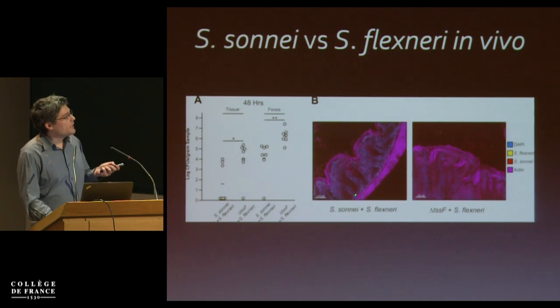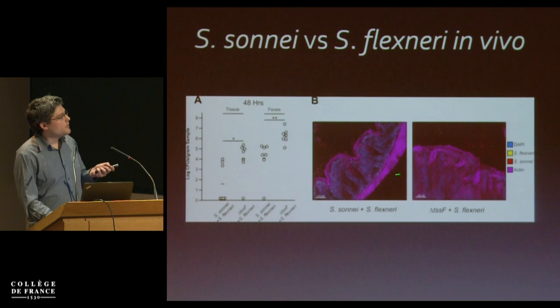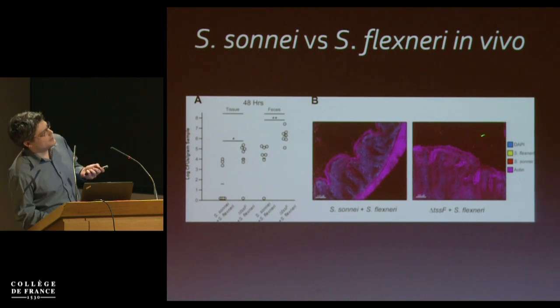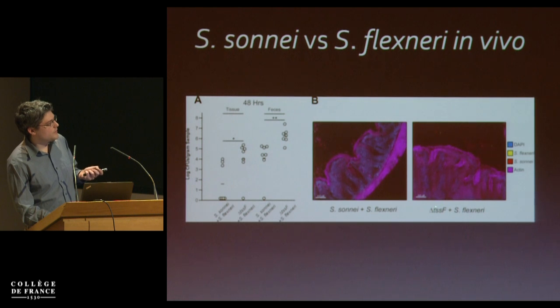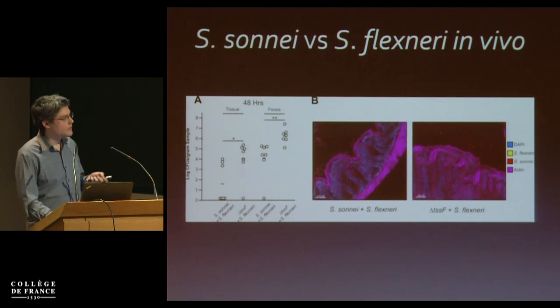It's the same story there. If we look in the histopathology, it's a little hard to see, the green's not coming through, but when the type 6 mutant is competed with wild type Shigella flexneri, there are Shigella flexneri and Shigella sonnei cohabitating happily, which we don't really see in the wild-type sonnei.